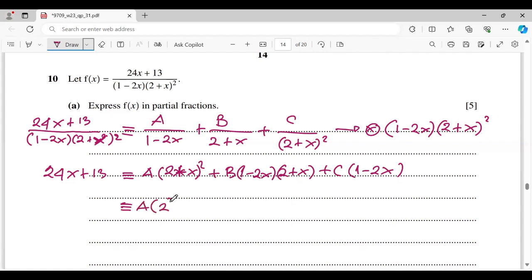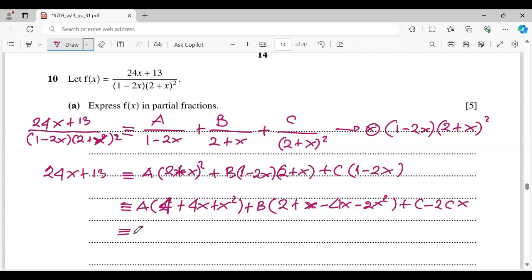A times 2 squared, or 4, plus 4x plus x squared, plus b times 2 plus x minus 4x minus 2x squared, plus c minus 2cx.